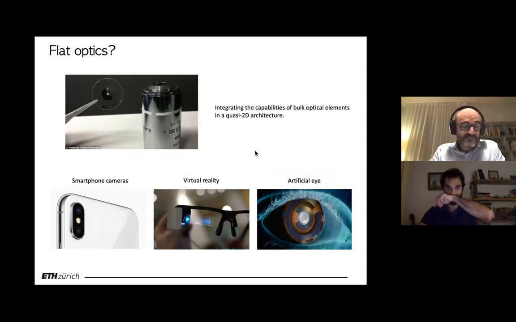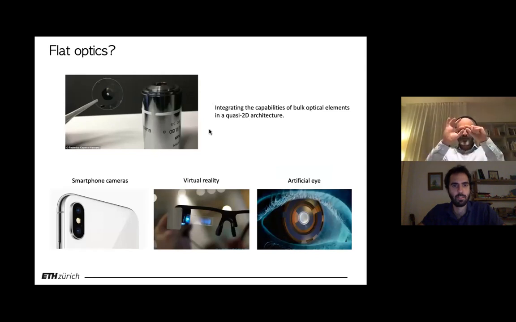A way to summarize that, which is just captured in this picture, is that you would like to integrate in a quasi-2D system optical functionalities that are normally provided by a bulk optical element, like for instance this objective lens here. And the reason why you would like to do that is first because these devices are full of lenses, and you would like them to be very thin.